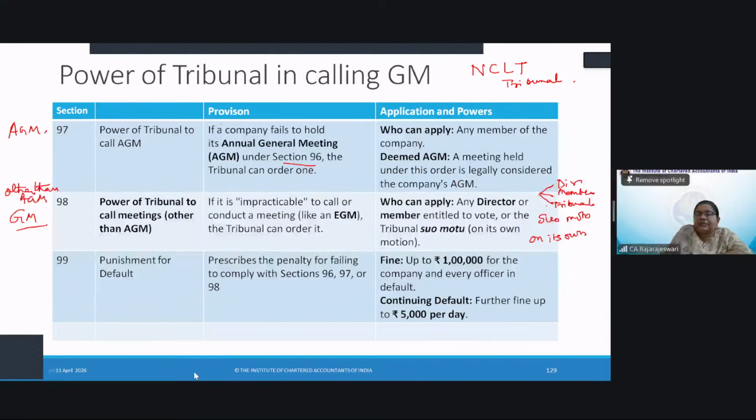So that is a heavy penalty. It's not 500, it is 5,000 per day. If you are continuously not complying with section 96, 97 or 98, then 99 prescribes the penalty.